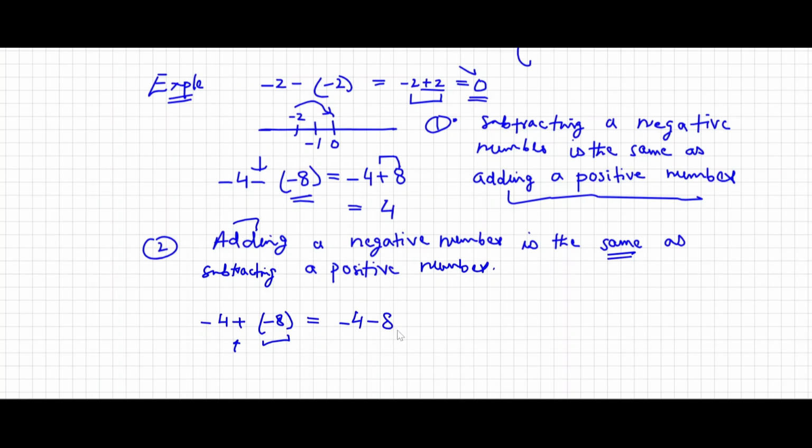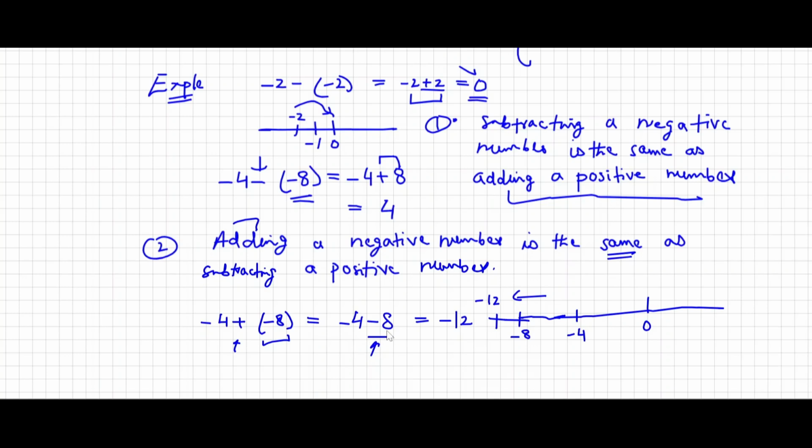We are now subtracting a positive number which is 8. So it becomes -12. On a number line, let's suppose we are here at 0. Then -4, then we come to -8, then here will be -12. So we are moving towards the left side when we are subtracting. So these are the two rules.